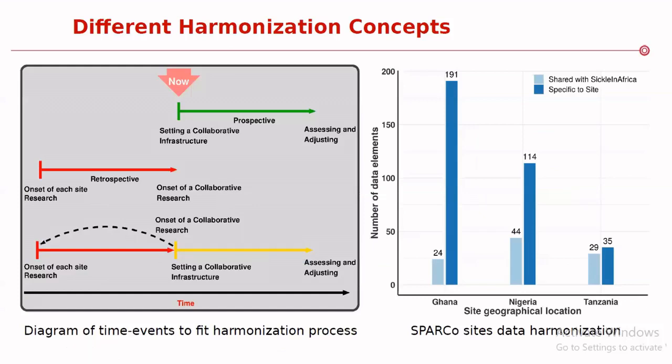What I want to insist on from this is that with the new sites, for example, we should start from the beginning to harmonize our data elements before we go on collecting a large amount of data. It's a very cumbersome process to harmonize the data once you have a huge amount of data, because you have to make sure that the data is consistent and aligns with the master data dictionary.